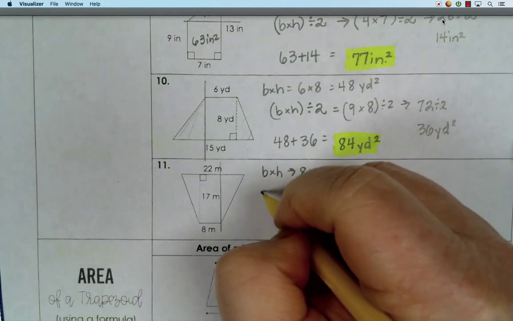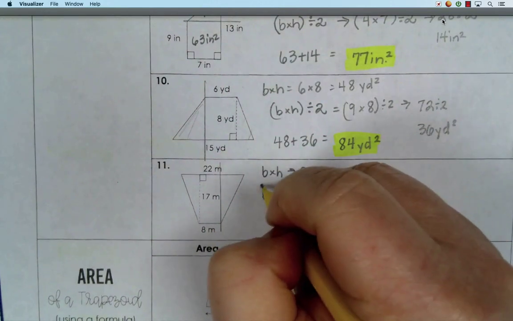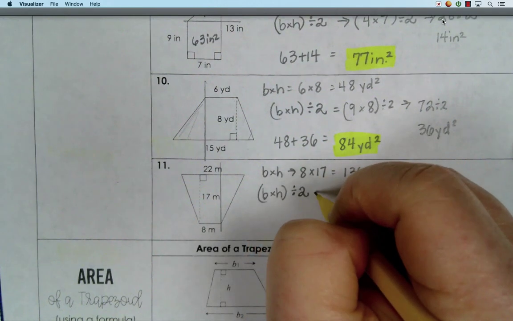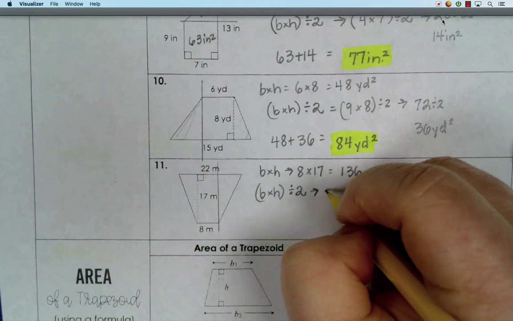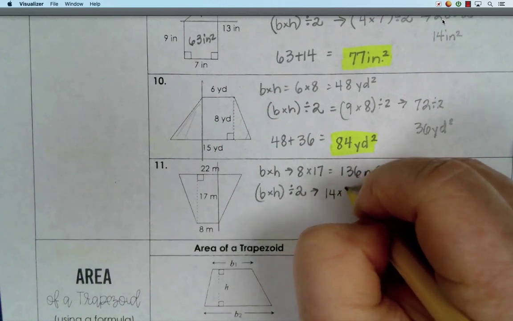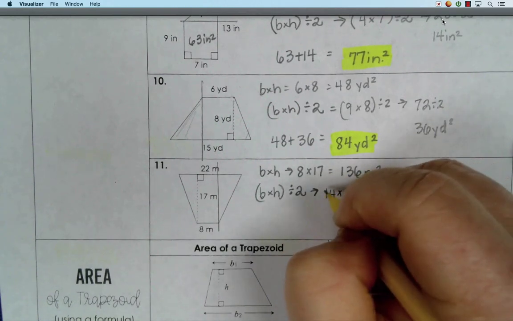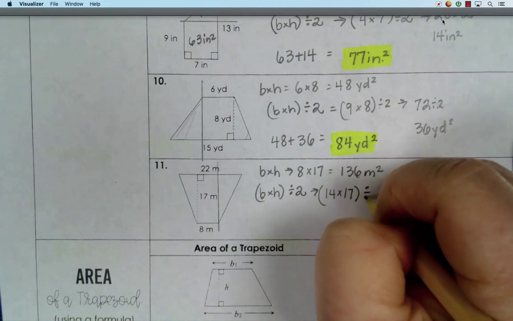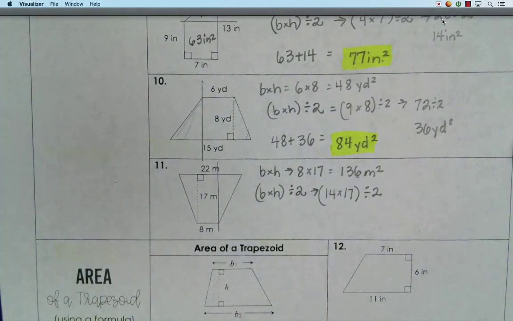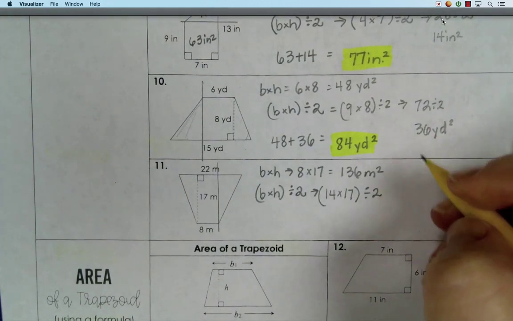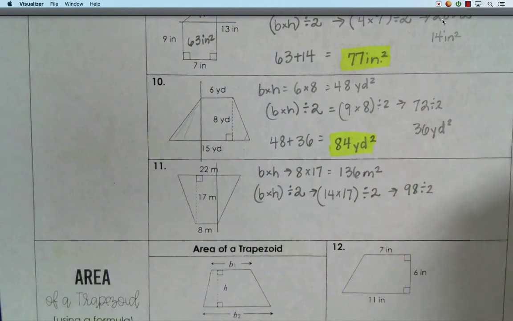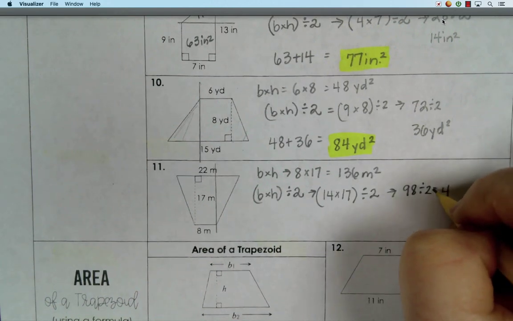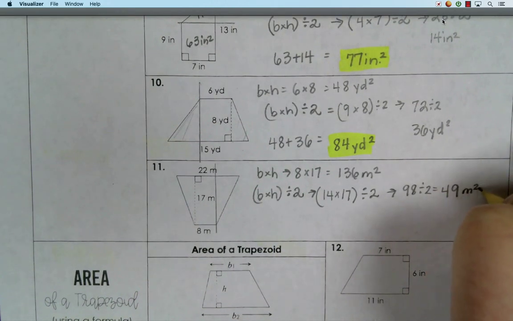Okay, so base times height divided by 2, and I get 14 times 17 divided by 2, which is 98 divided by 2, which is 49 meters squared. Okay.